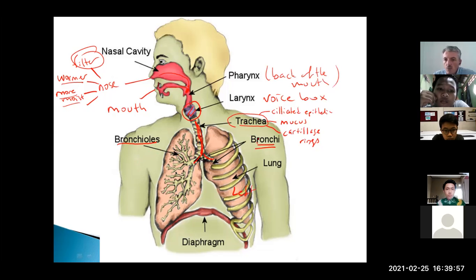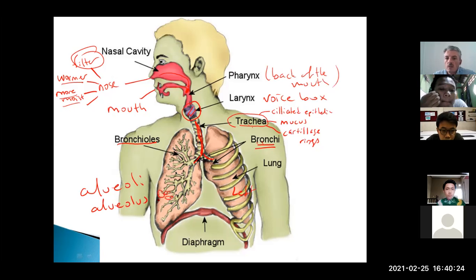Okay, trachea and bronchi are similar. Both of them have the cartilage rings to keep them open all the time. But the bronchioles are very tiny. They don't have any special thing. And at the end of bronchioles, not shown here, there are alveoli. Alveoli, or alveolus.